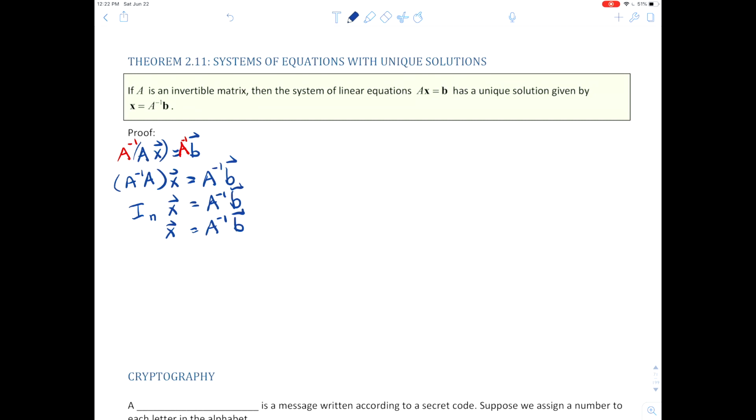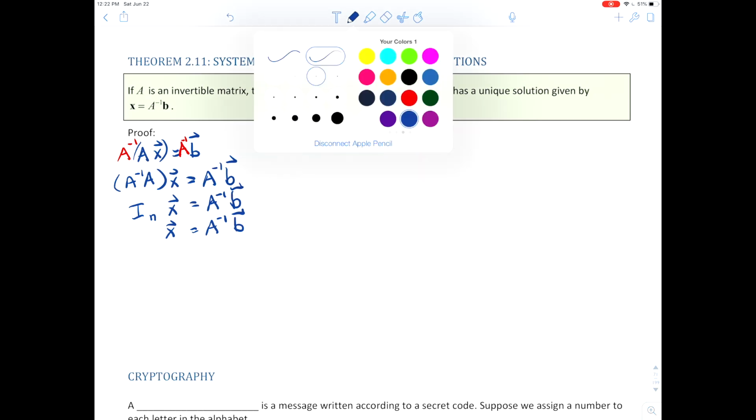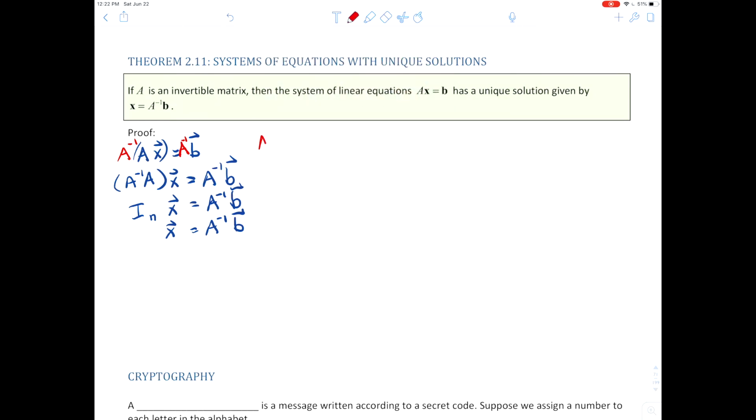So that part just gives us the first part, that the solution is A inverse times B. Now we're going to take a look at the whole unique thing. We were able to use this because A is invertible.